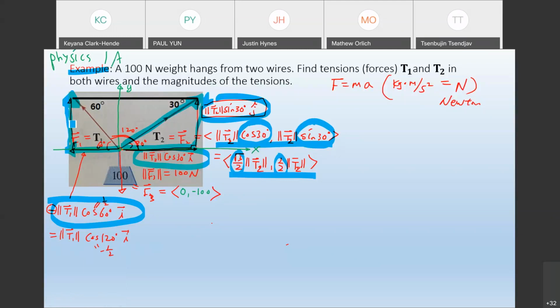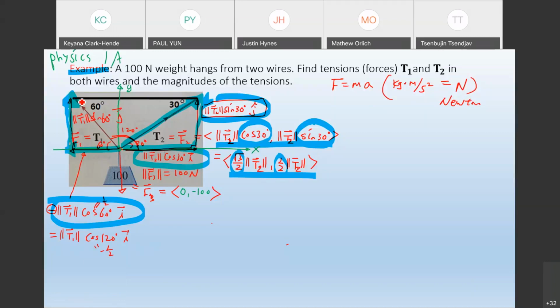Okay, so what's that equal to? So it's okay to say sine 60, right? Yeah, this one, you clearly see that. We could just write down this one as well. Magnitude of the T1 sine 60 j. Right? So what is this vector?